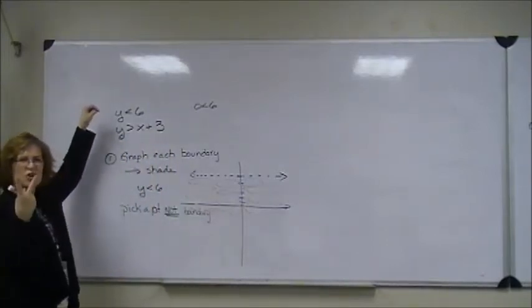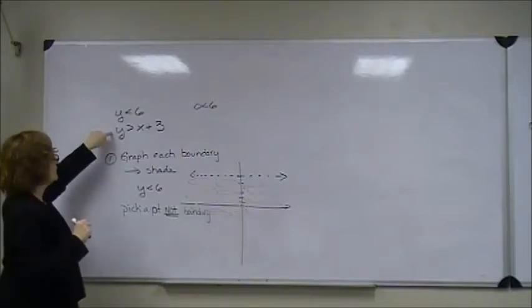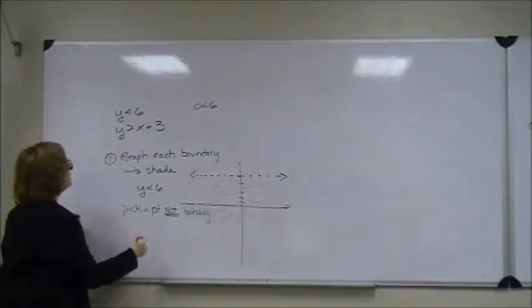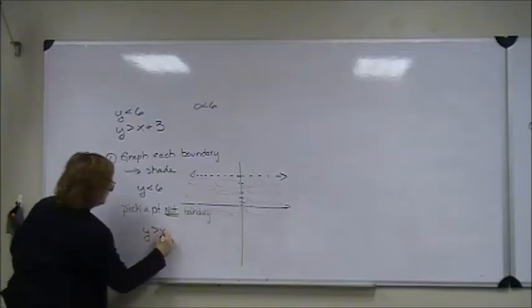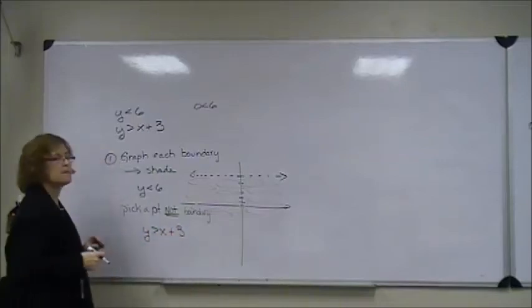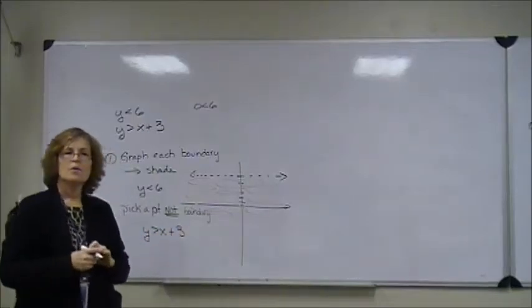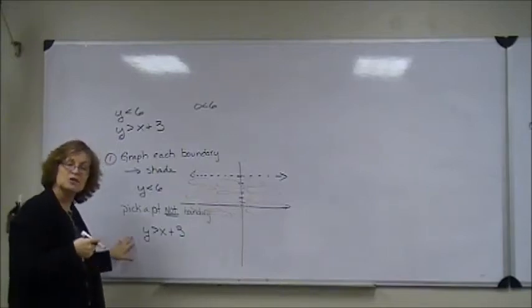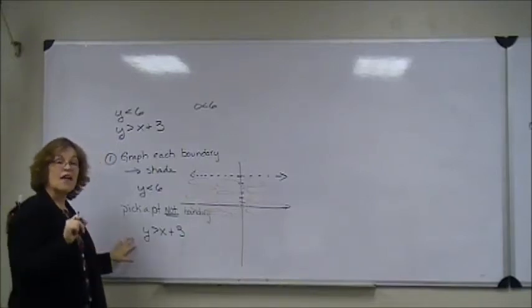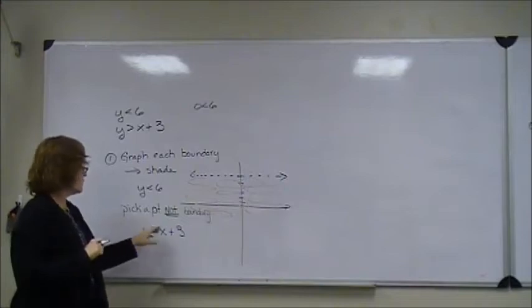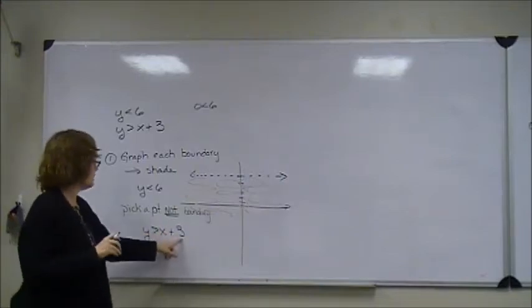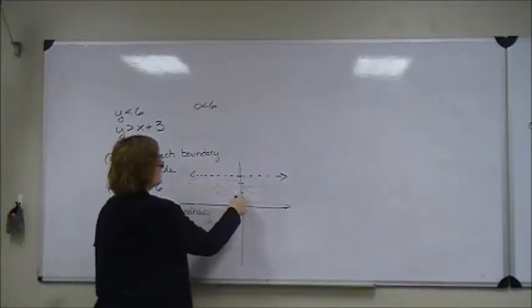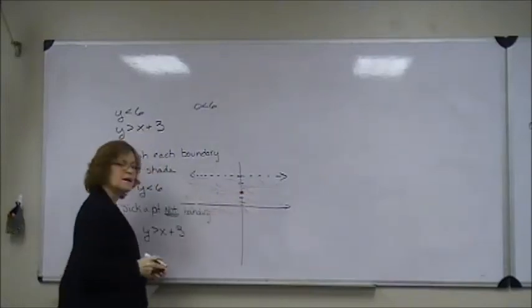Well, I have two inequalities, so now I have to do the second one. So let's go ahead, and that is y is greater than x plus 3. Well, what form did they give it to me in? They gave it to me in slope-intercept form. That is pretty nice. So I'm going to graph my y-intercept, which is 3. 1, 2, 3. I put my dot.